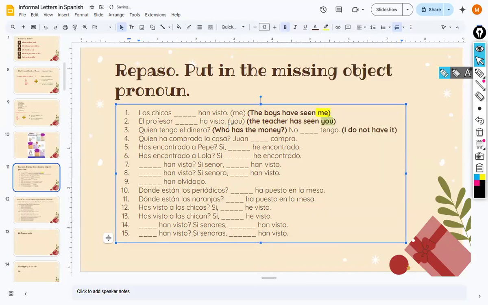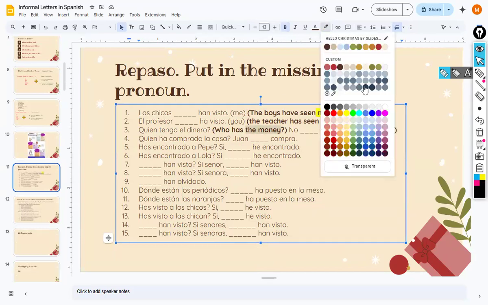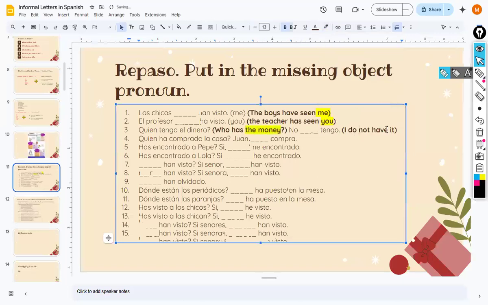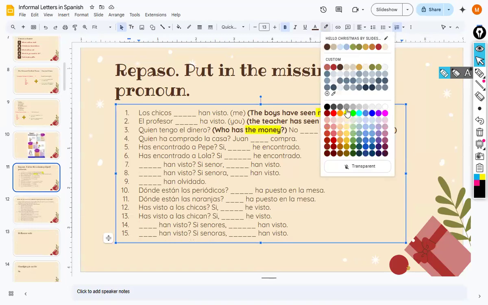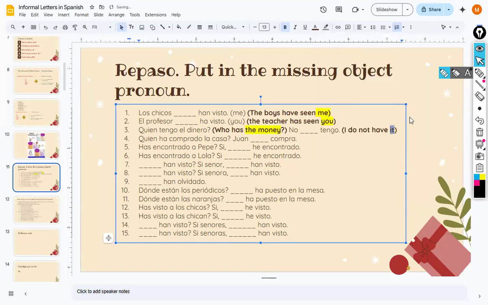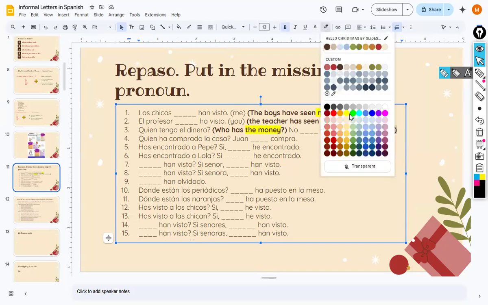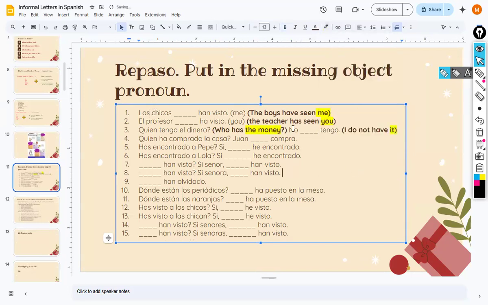Who has the money? Nothing to translate there, but the money is the object. And I do not have it. So the it replaces money, and we need to know that so we know the gender. What do we put in the blank there?